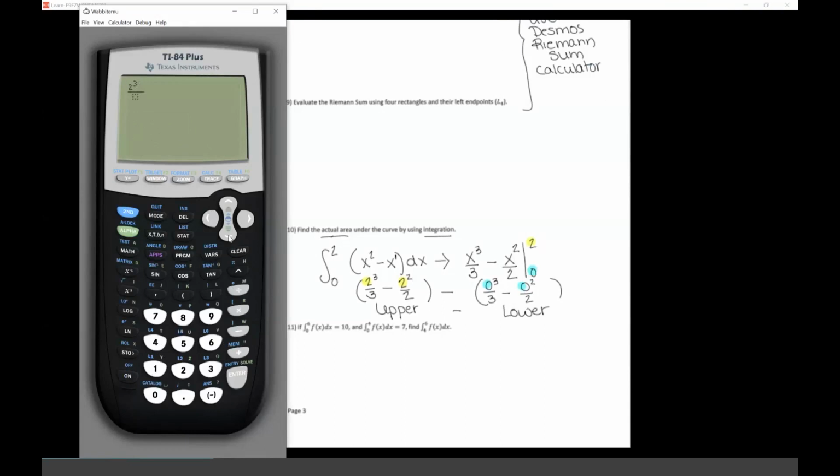So 2 cubed over 3 minus 2 squared over 2. Okay, and again, that's 2/3. If they want it as a decimal, you would round it to the appropriate places, but the exact answer is 2/3. And again, I don't need this second half because I already determined its value is 0.